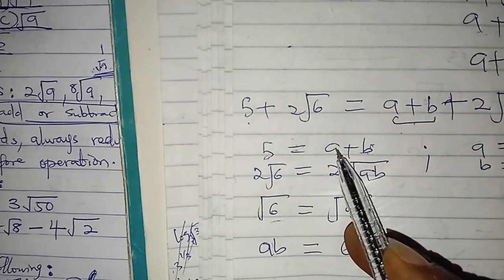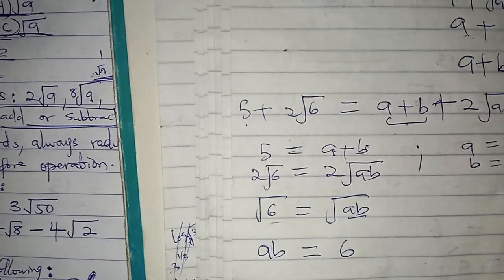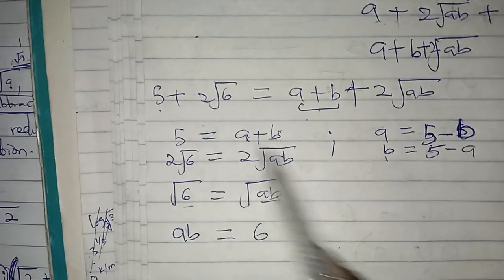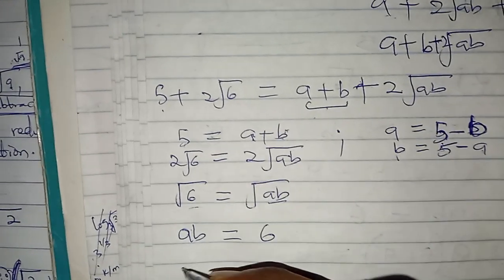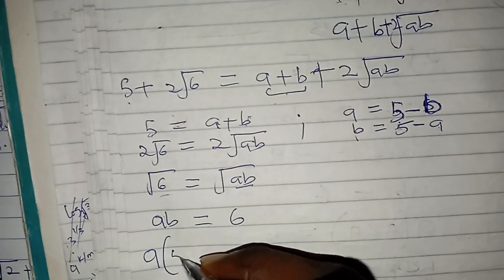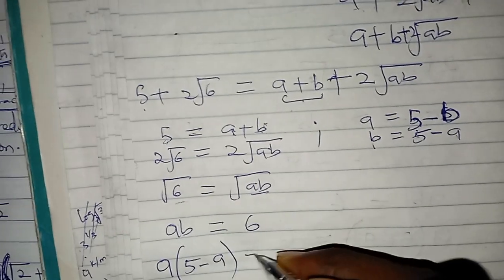That is trying to make a subject of the formula, you get this. I'm trying to make b subject of the formula from this, you get this. So this can be the same thing as saying a into, replace b with that value, 5 minus a, equals to 6.